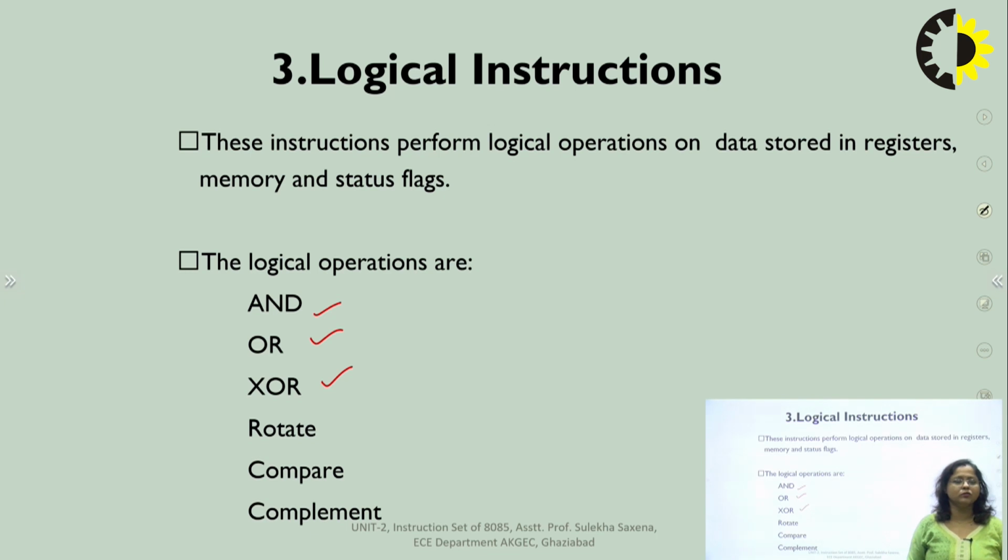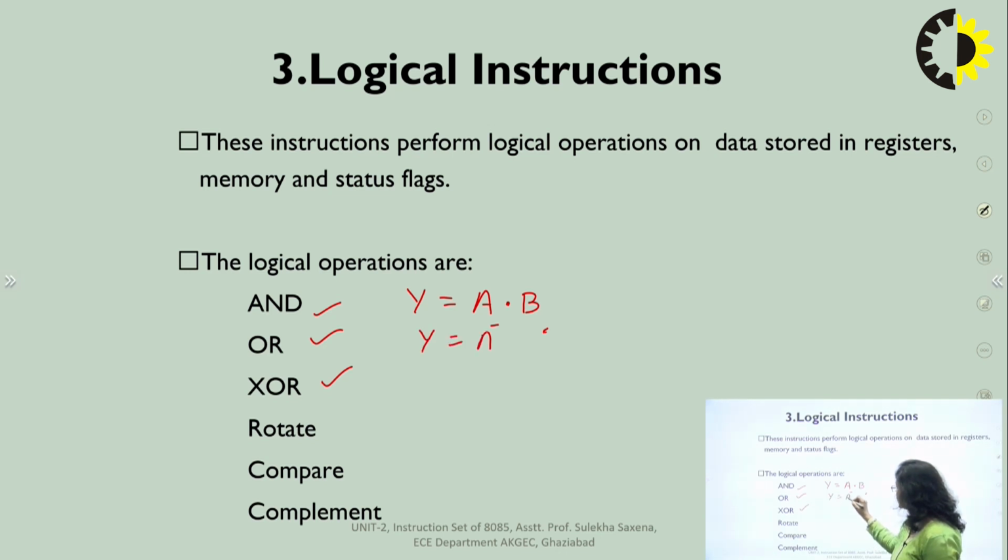I hope you all know about these gates. We have already discussed them in digital system design. The AND gate performs the AND operation between both the inputs. When both the inputs are 1, only then the output is 1, else 0. The OR gate performs logical addition or logical ORing of both the inputs.